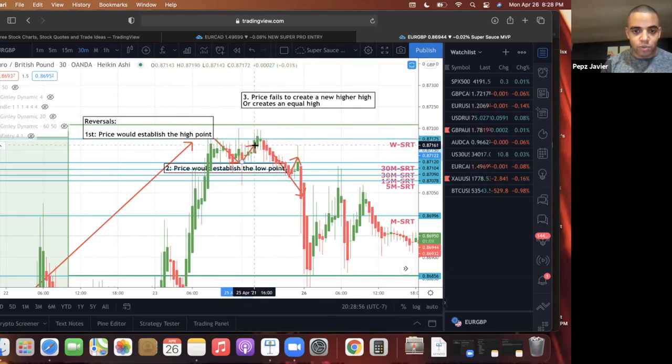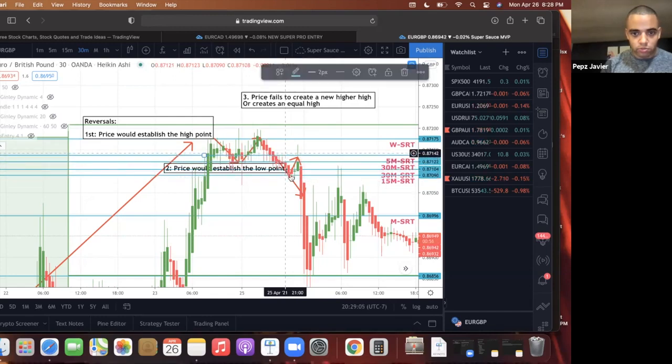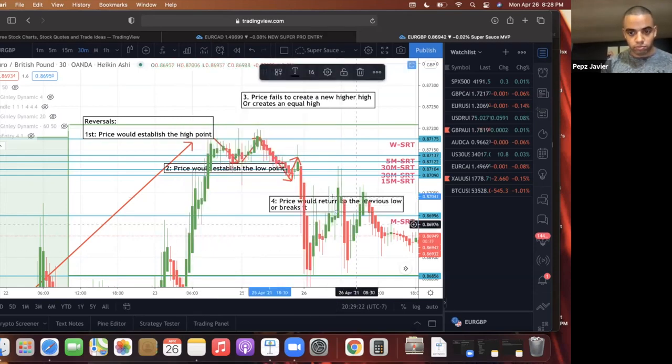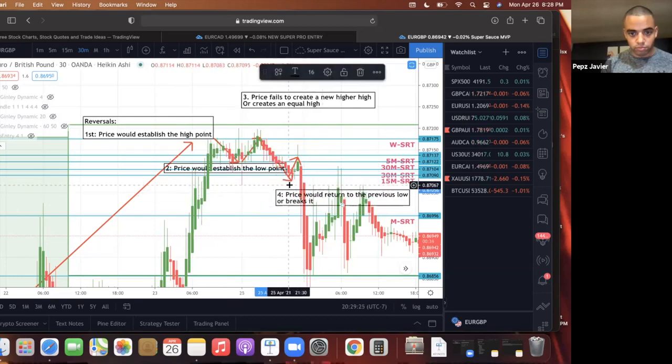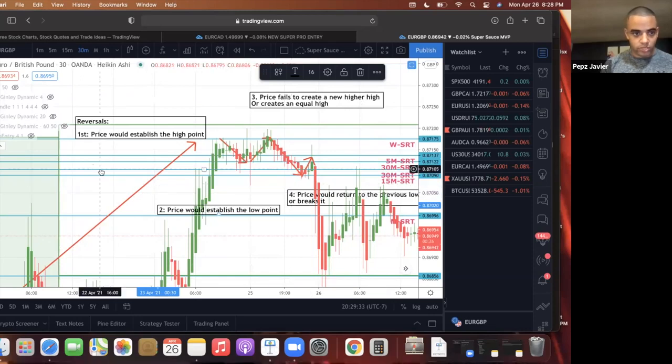It either respected it or it would have been smaller, but it respected it, right? Now, number 4, price would return to the previous low or break it. Now, if you're looking at my screen, in that box, this little box, right?